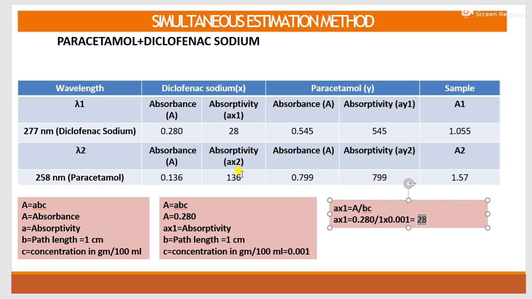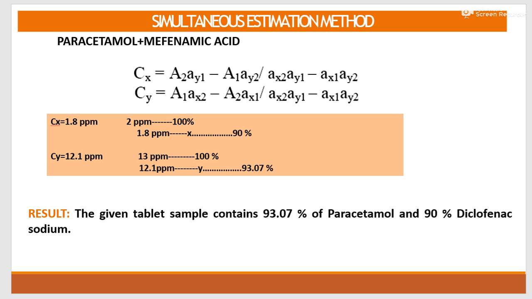Similarly, you can calculate absorptivity for paracetamol and for both the wavelengths. The values which you get for all the standard and sample solutions, you have to substitute into the equation. So you will get the concentration of X and concentration of Y, where X is our diclofenac sodium and Y is our paracetamol.